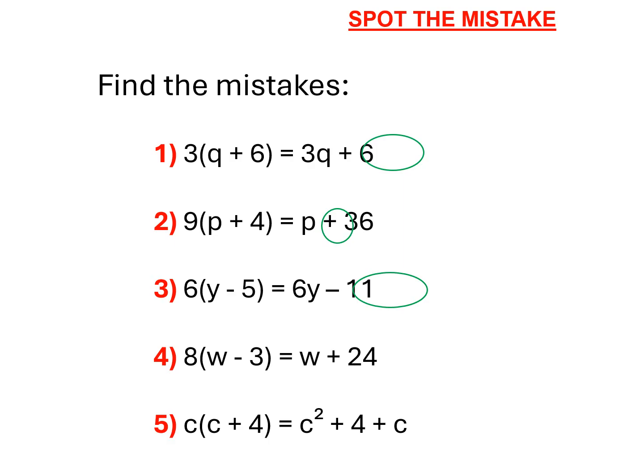Two different languages. Remember? 8 times negative 3. So first of all, it should be 8w, right? 8w subtract, right? So that's wrong.